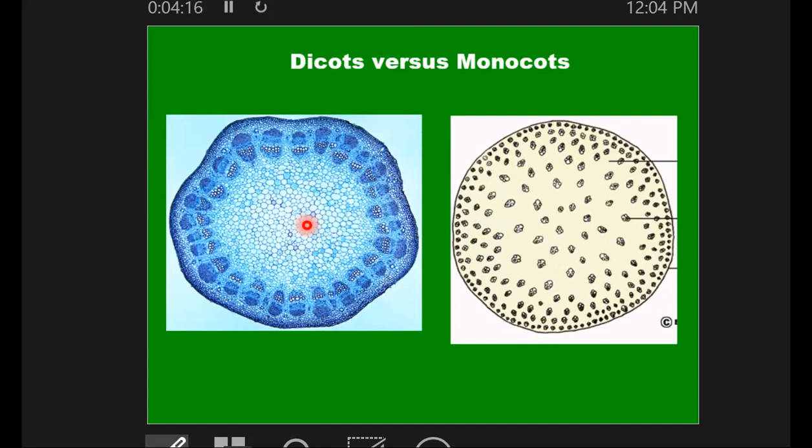So think like an architect. If you were designing a skyscraper building, you don't want all of your steel beams in the smack center of the building. You want to create a scaffolding around the perimeter for better stability. Same idea with plants.